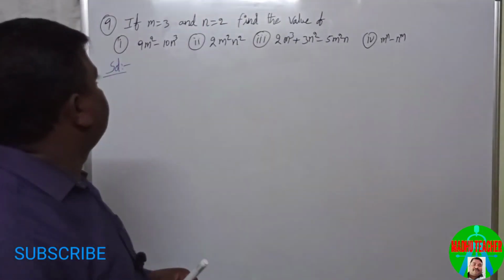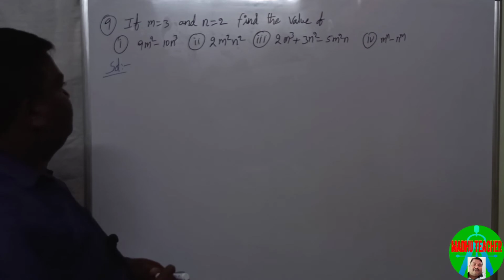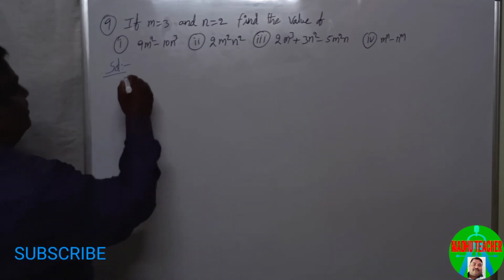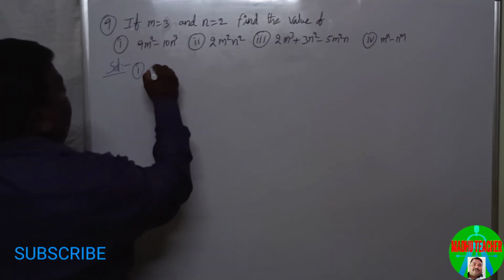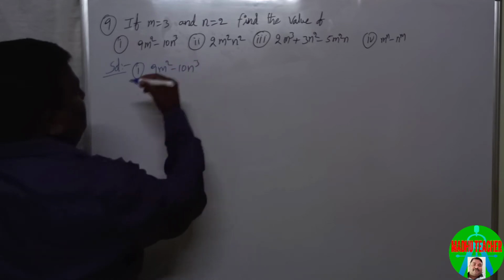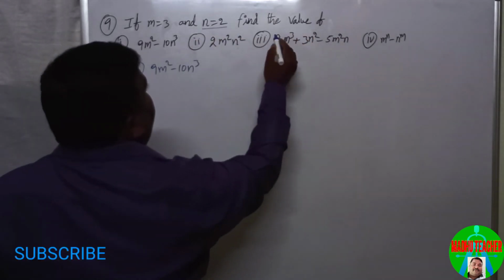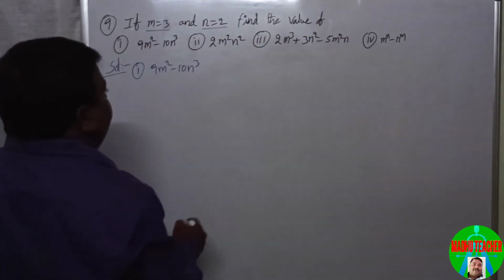Okay, 9th one is, if m equal to 3 and n equal to 2, find the value of, the first one is 9m square minus 10n cube. So you just have to replace n with 2 and m with 3.